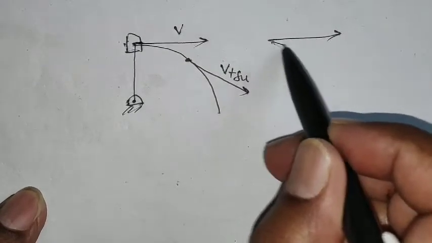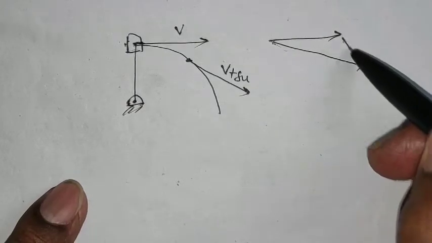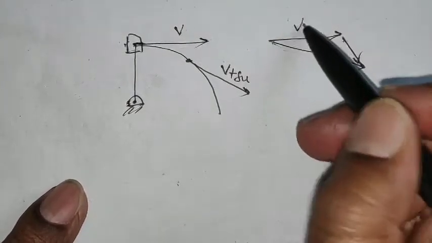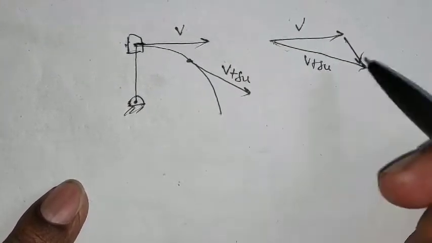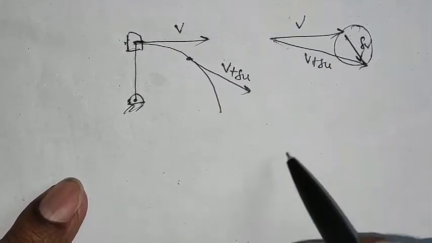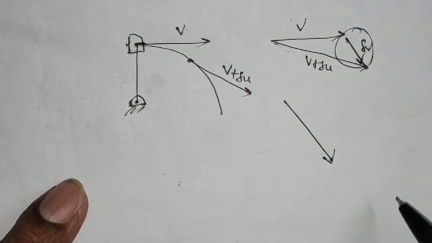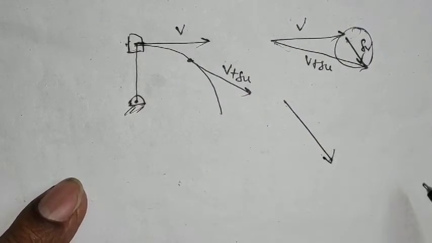So this is v and this is v plus delta v, and this will give you the change in velocity. This change in velocity is also proportional to the change in acceleration because it has to be differentiated with time.